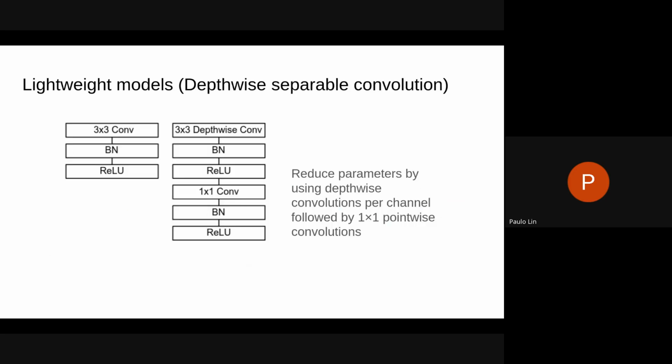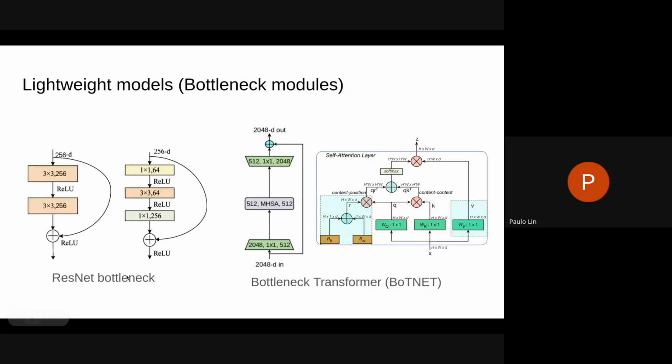The second one is bottleneck models. For instance, this is the bottleneck that is used in ResNet-based backbones. And also we can introduce bottleneck blocks into transformer-based backbones, like in this work, which is Bottleneck Transformers.